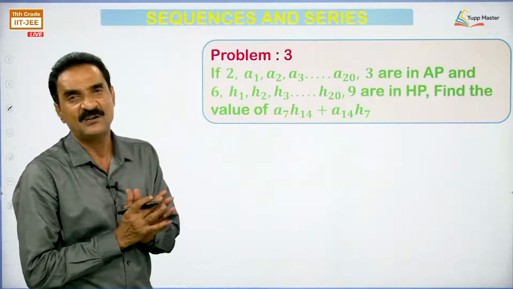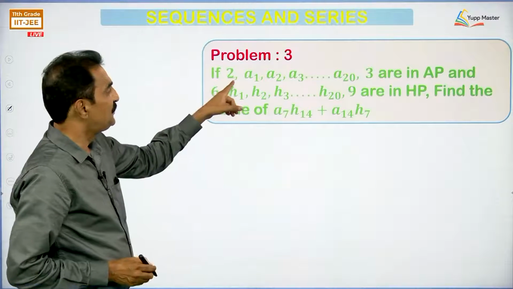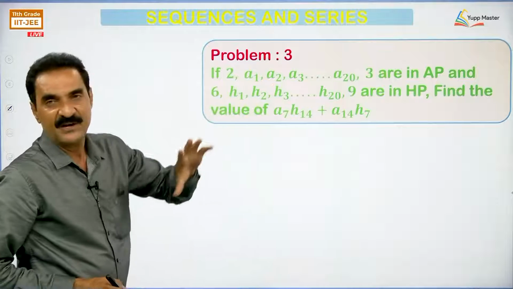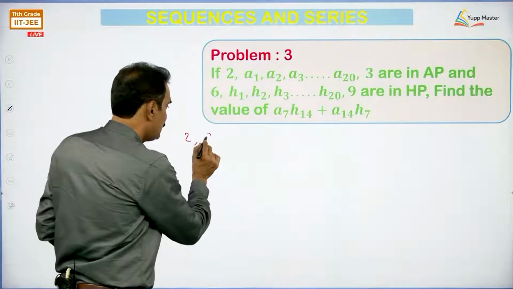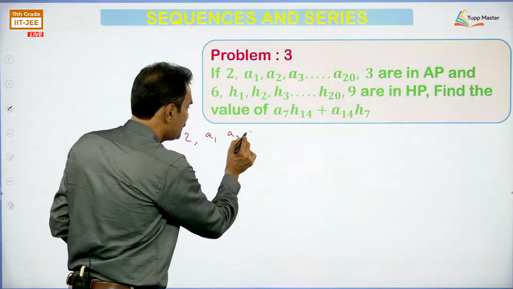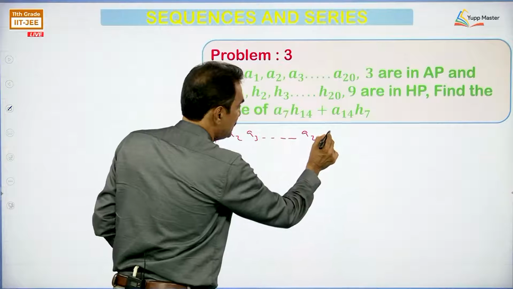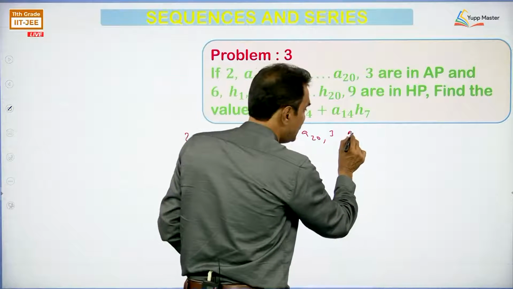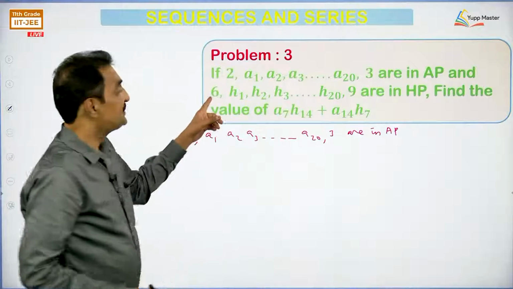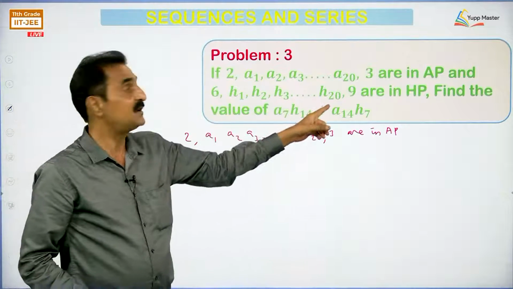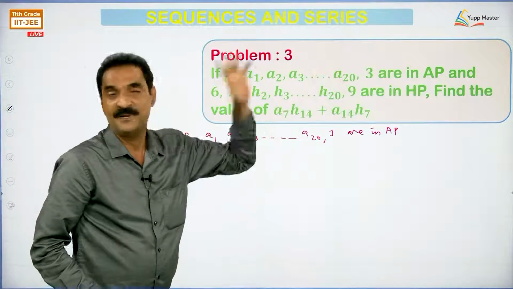This is based on the property that we have discussed today. If 2, A1, A2, A3 and so on, A20, 3 are in AP, and 6, H1, H2, H3 and so on, H20, 9 are in HP.